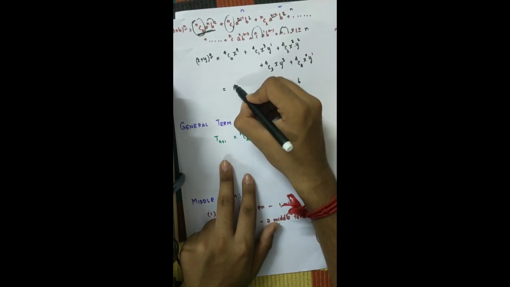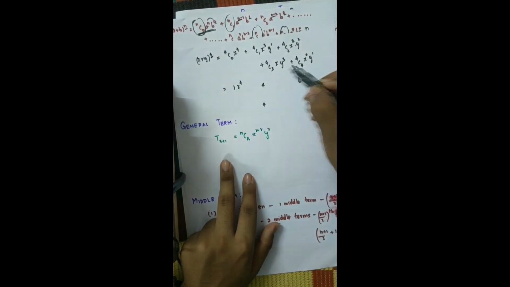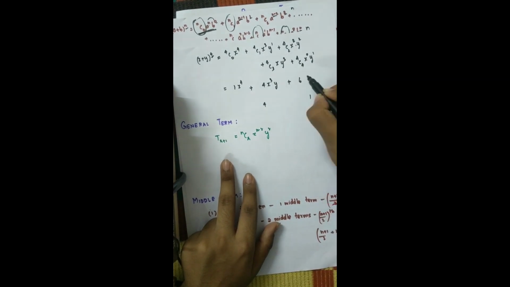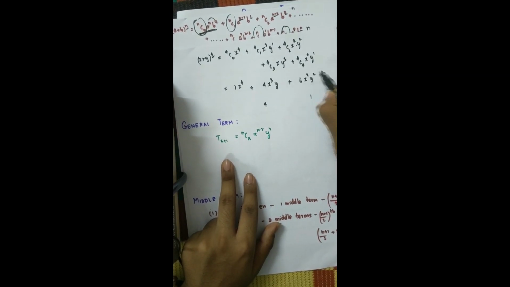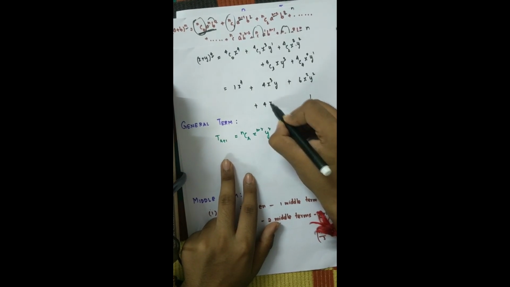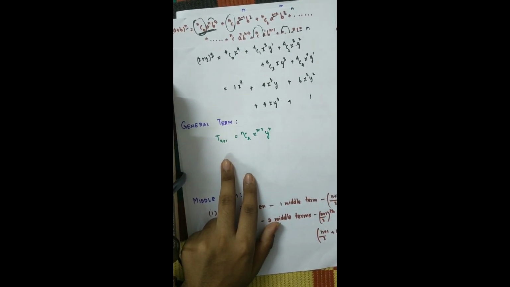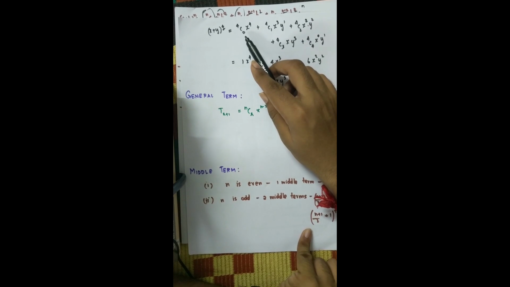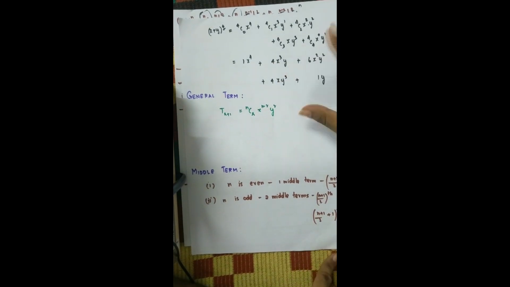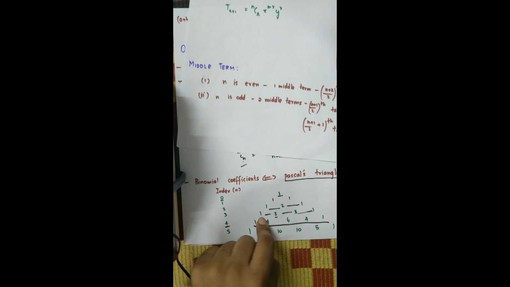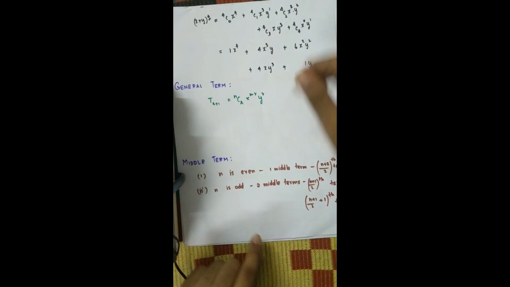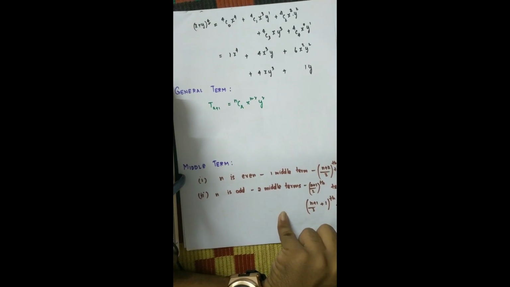So this is going to be 1 x power 4 plus 4 x cube y plus 6 x squared y squared plus 4 x y cube plus 1 y power 4. So this is how it works. Instead of finding the binomial coefficients separately each and every time, we can directly plug in the values from the Pascal's triangle. Right. So next we will move on to the general term of an expansion.